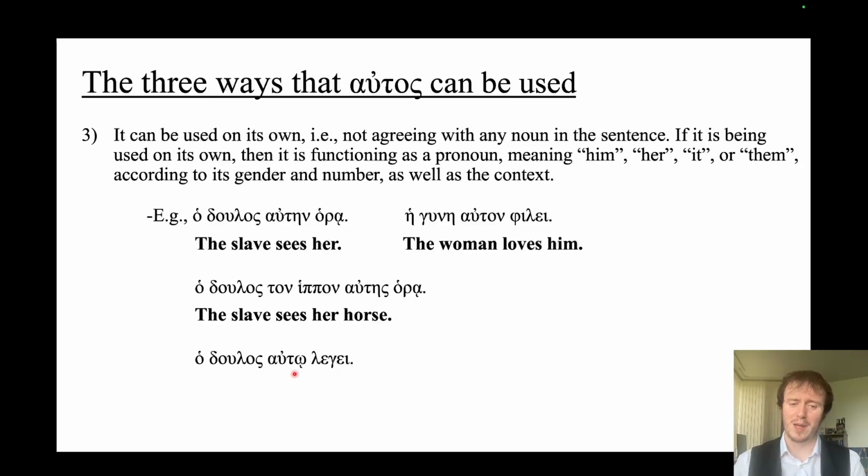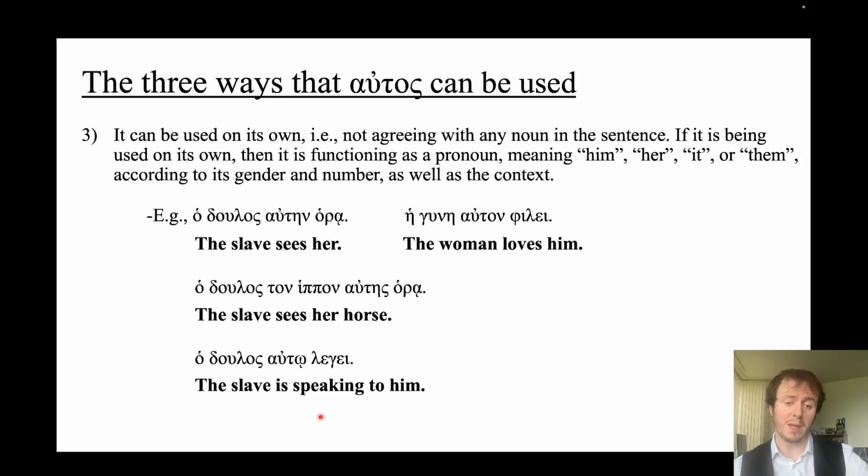It's probably going to be a male person here rather than an inanimate thing, although in principle it could be something. However, I have translated it bearing the greater probability of it being a person in mind, and so I've put the slave is speaking to him. You could have said the slave speaks to him, since the present tense can either be does that thing or is doing that thing in Greek. Please do pause the video and note down this third way that αὐτός can be used.